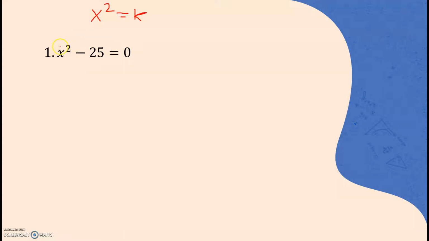This time, the quadratic term is not isolated, so we have to add 25 to both sides. Negative 25 plus 25 becomes 0, and 0 plus 25 is 25. That is why it becomes x squared equal to 25.